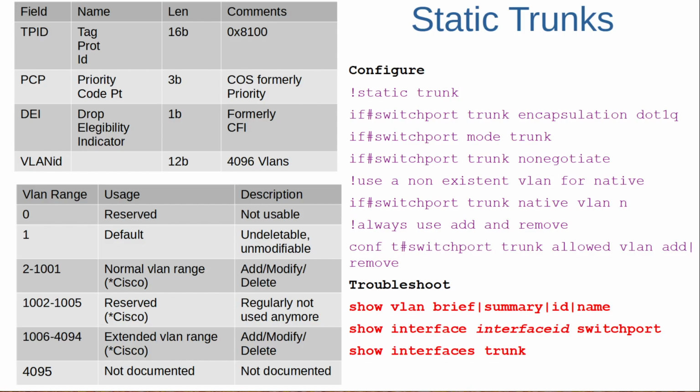Always use a non-existent VLAN for the native VLAN for security, and always use the add and remove parameters when working with the allowed VLANs list. To troubleshoot your static trunks, remember to use show vlan, show interfaces switchport, and show interfaces trunk. We'll see more about that in the lab.